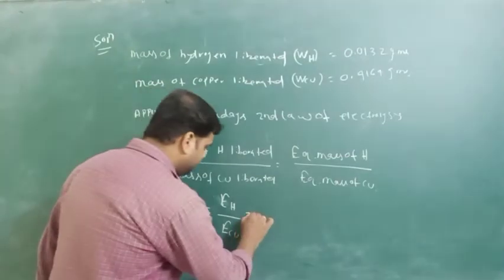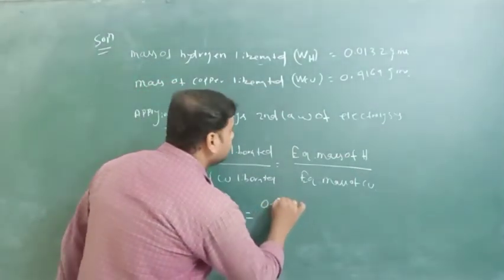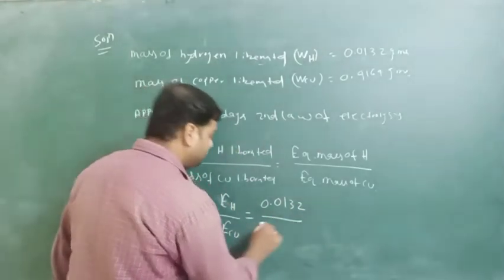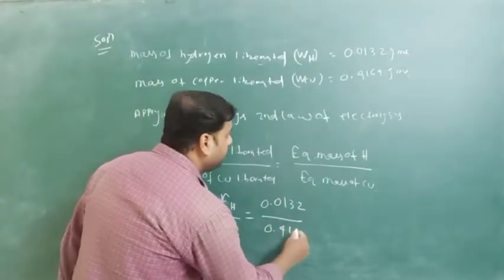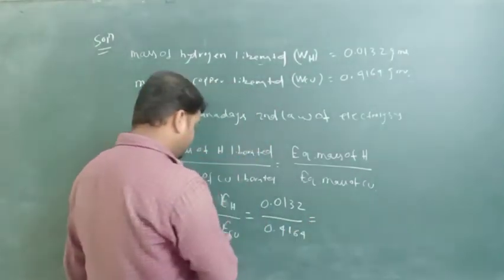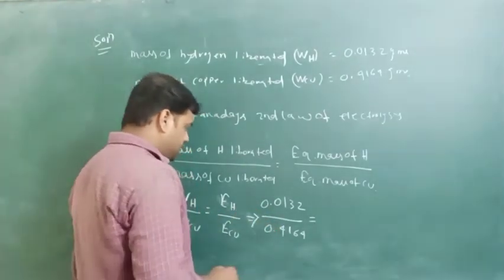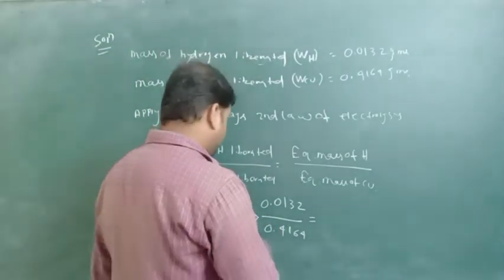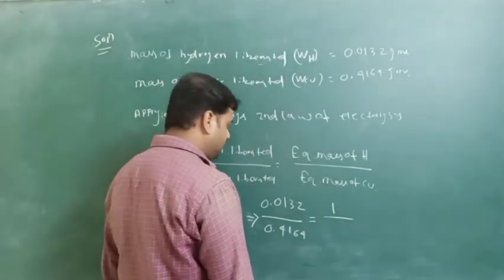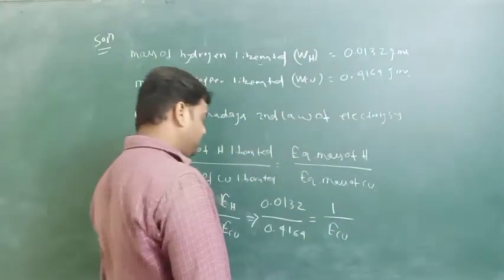Okay, we will do it here. WH equal to 0.0132 divided by WCu equal to 0.4164 is equal to EH, which is 1, the equivalent mass of hydrogen, and we have to calculate the value of ECu.